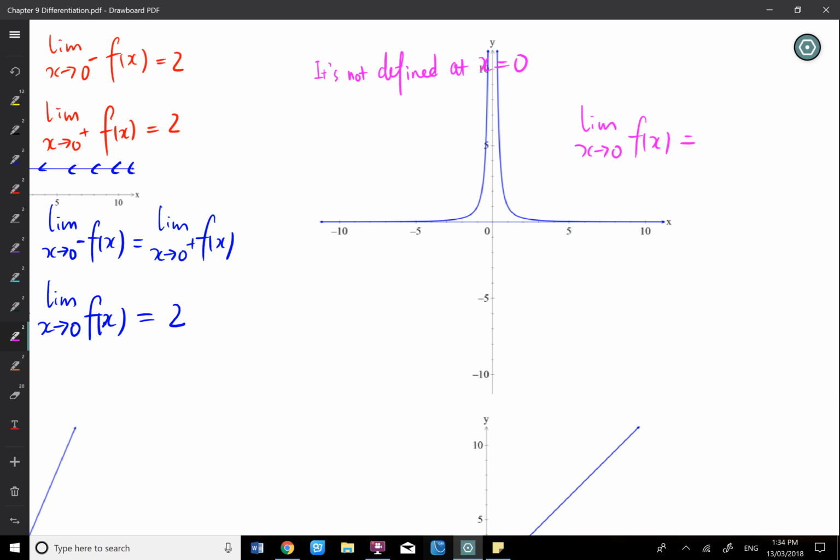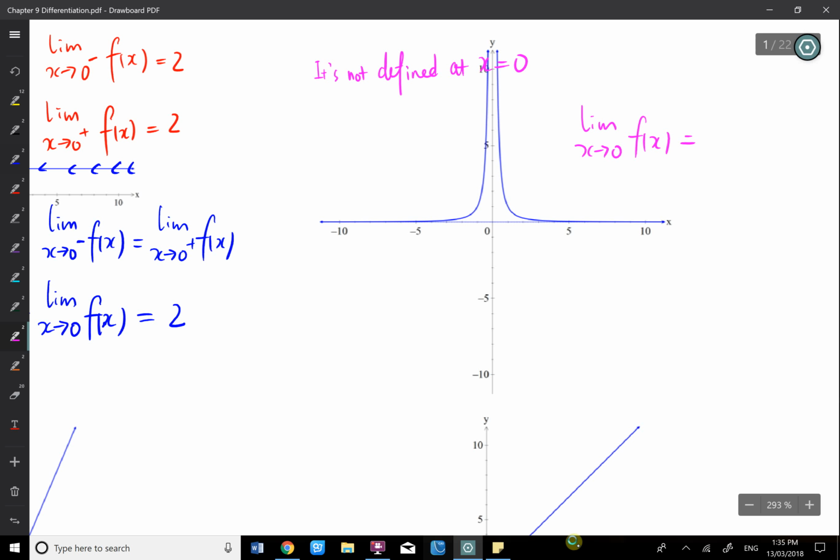Where is that point? There's no point, even at 0. There's nowhere they all head towards. Those are two separate graphs. There's no place they can head towards. It keeps going forever to the top. There's no value they can head towards. As I said, infinity is not a value. Infinity is something that does not exist.